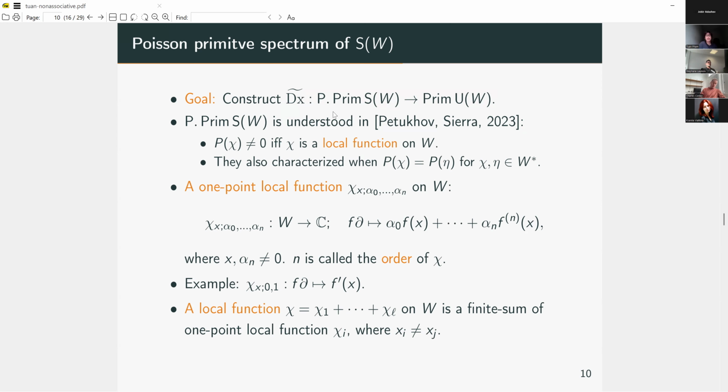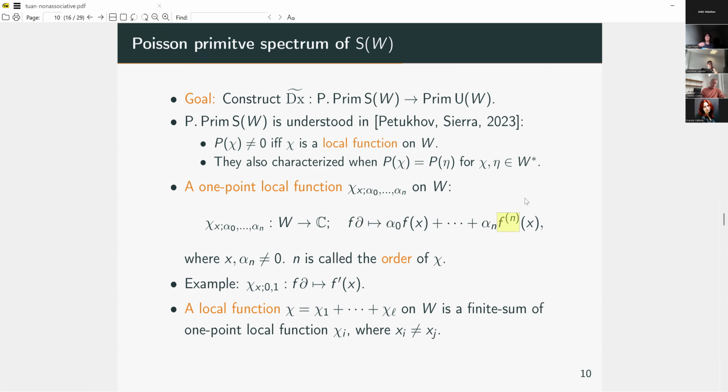Okay, so now I need to explain what it means to be a local function. So first, a one-point local function chi depends on the following parameters, x, alpha_0 to alpha_n, on W, as follows. The x here is the base point, and alpha_0 to alpha_n are the parameters. So chi of x, alpha_0 to alpha_n is a linear map from W to C, which maps an element f del to alpha_0 f(x) plus ... plus alpha_n times f to the nth derivative.